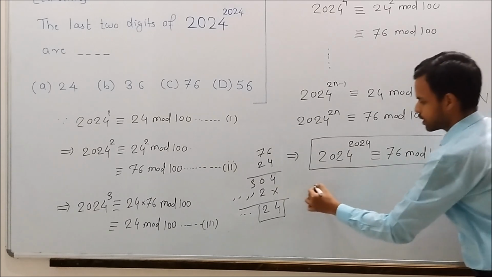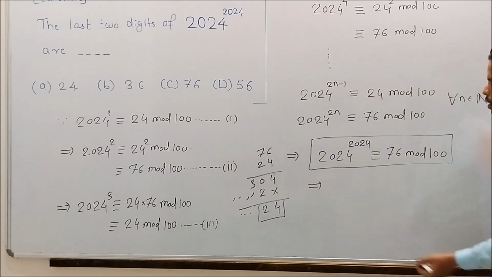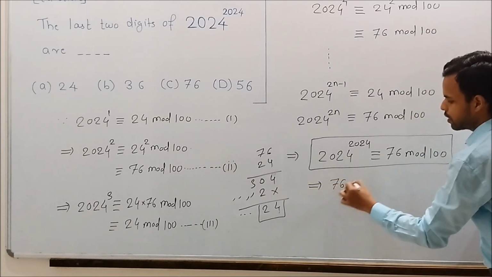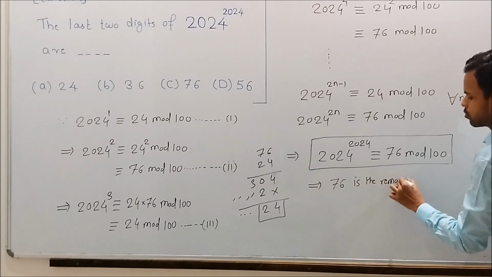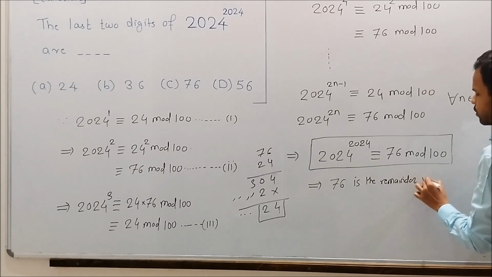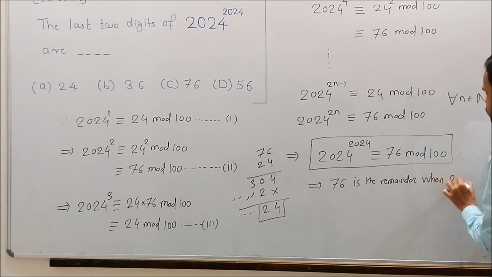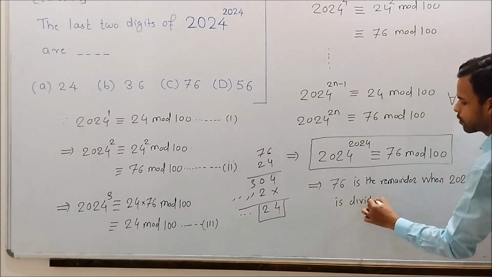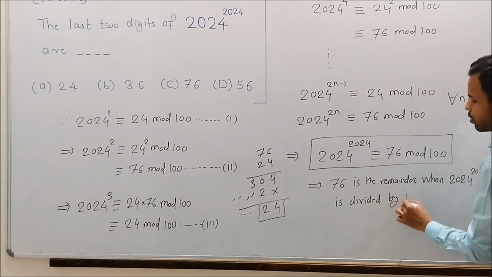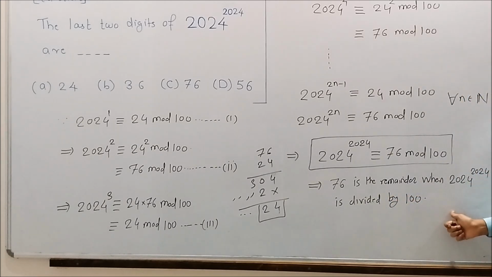So from this we have that 76 is the remainder when 2024 to the power 2024 is divided by 100.